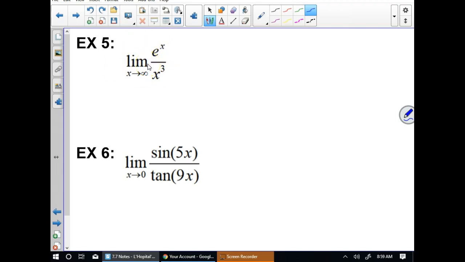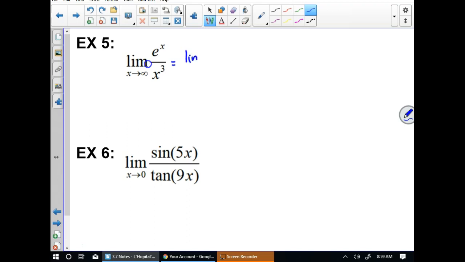Exponentials are going to grow more quickly than x to any power, right? So I know this is going to be infinity, everyone. It's bigger on top, right? So I can kind of reason through that, but let's say that we don't really remember that or it's not clicking.